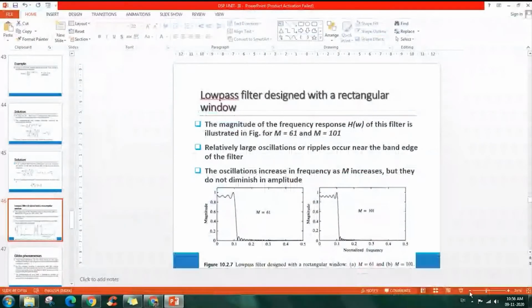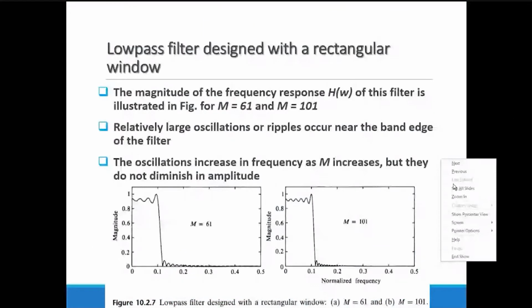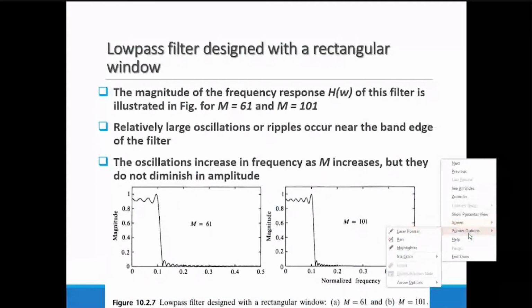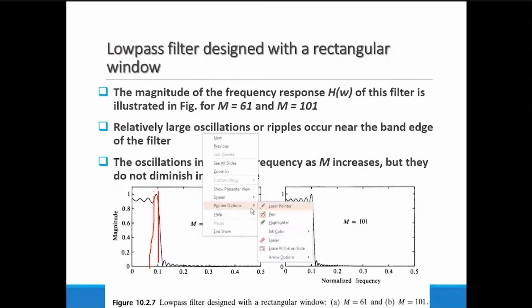Okay, so as we have discussed, when an abrupt transition from pass band to stop band occurs, a larger number of ripples will be created. Here this will be the transition band.